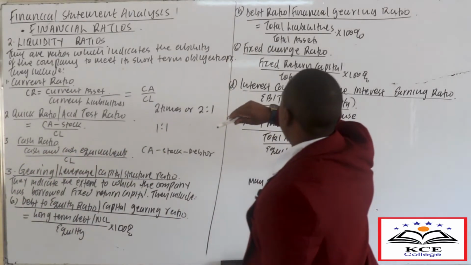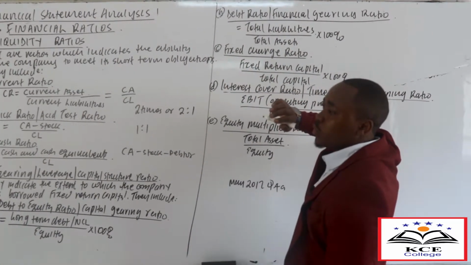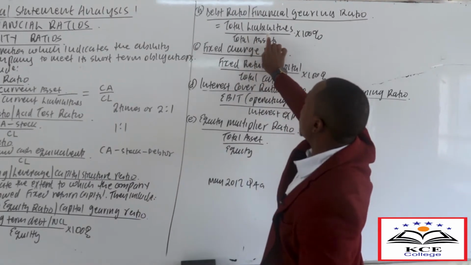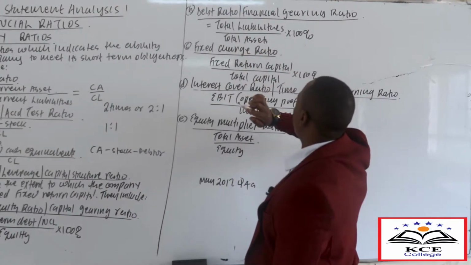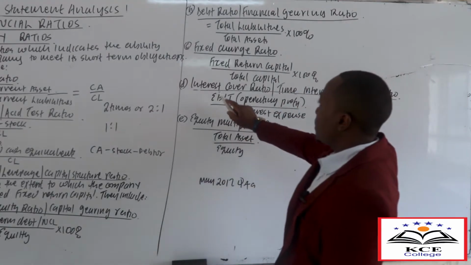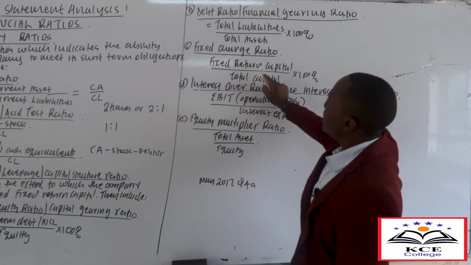Number B, we have the debt ratio or the financial gearing ratio. The debt ratio takes into consideration all the debt. That is, you take the total liabilities, divide by the total asset, and multiply by 100%. Then number C, we have the fixed charge ratio. For the fixed charge ratio, you take fixed return capital.